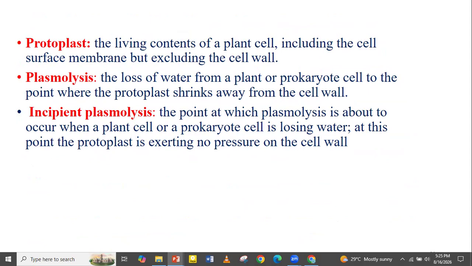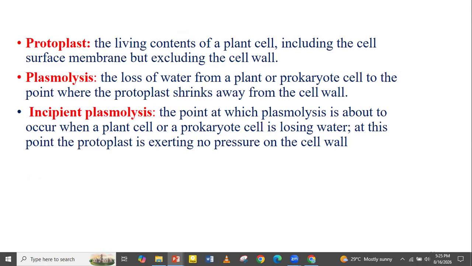Okay, certain key terms to remember. We have a protoplast. Protoplast means the living content inside a plant cell. That is the cell surface membrane and all that is inside the cell surface membrane. Plasmolysis is where we have loss of water from a plant cell or a prokaryotic cell like bacteria, where the protoplast has shrunk away from the cell wall.